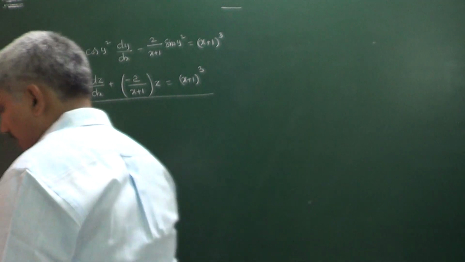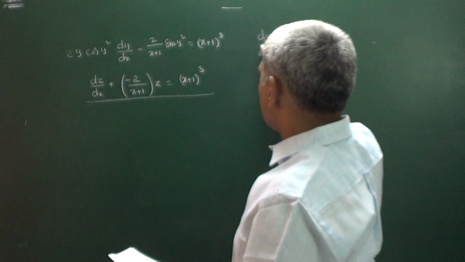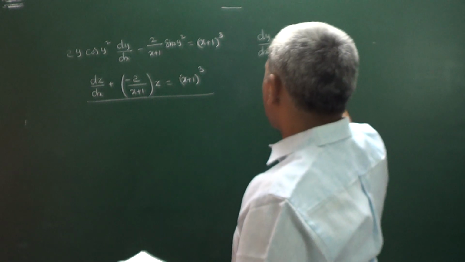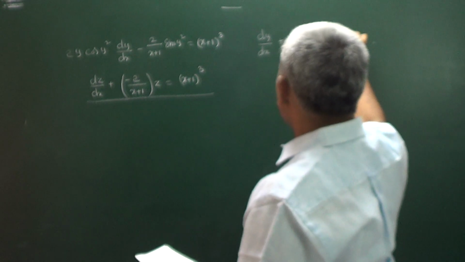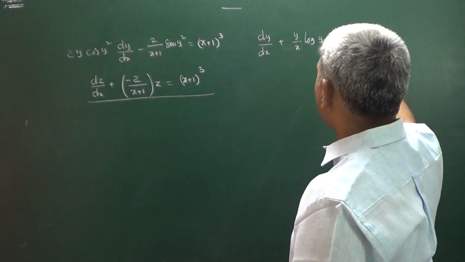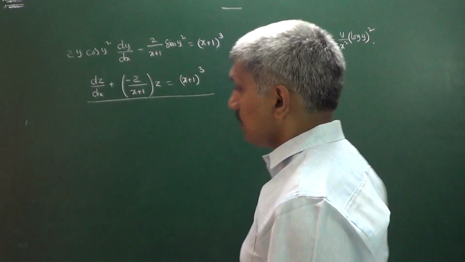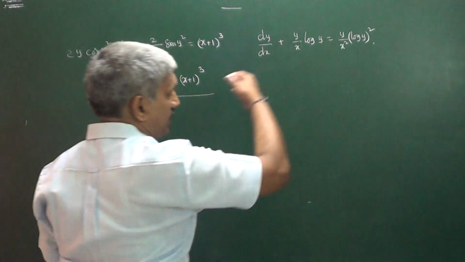So another question we are doing, this is the question given in this way: dy by dx plus y by x into log y is equal to y by x square into log y whole square. Divide the entire equation with y into log y whole square. Tell me what happens.